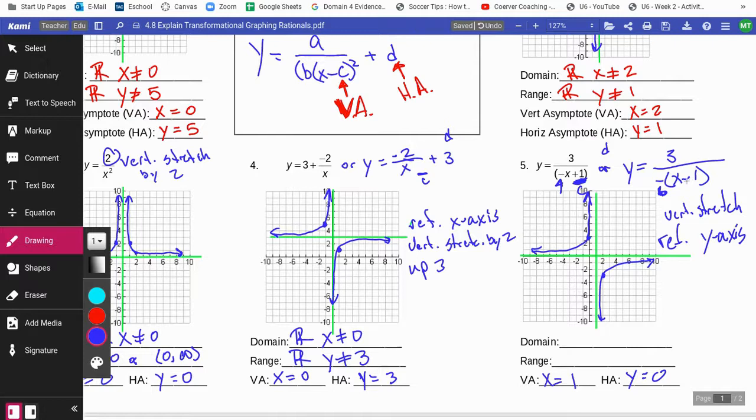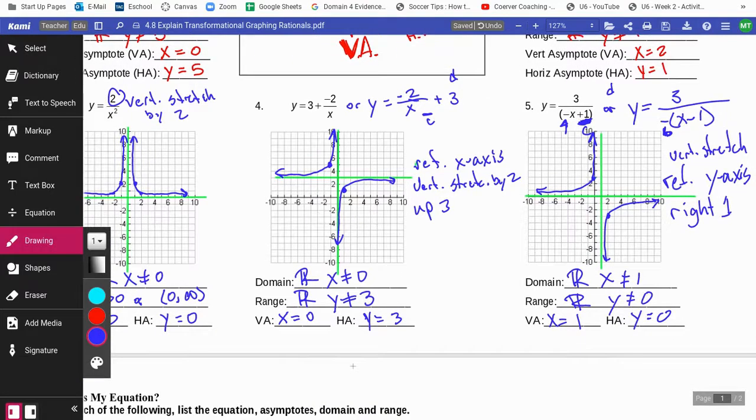And then here we have x minus 1, so that tells us that it went right 1 unit. And then to fill out the domain should be easy. Range should be easy now. Okay. All right, so that's all taking an equation, figuring out the transformations, and then the other attributes of the HA, VA, domain and range.